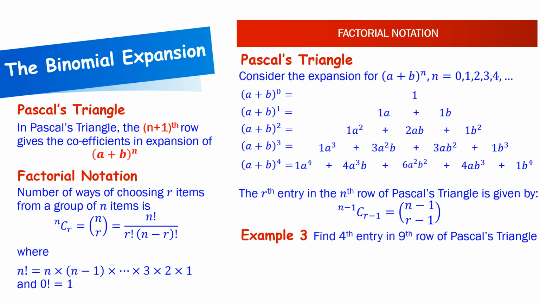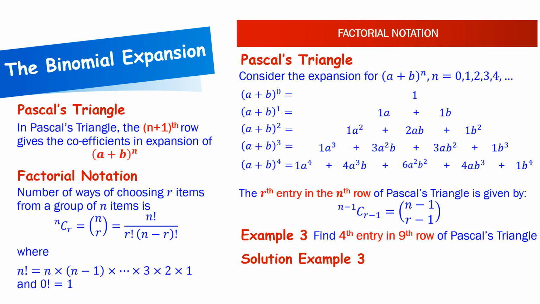Now find the 4th entry in the 9th row of Pascal's triangle. Remember that if we're considering the rth entry in the nth row, then we're looking at n minus 1 choose r minus 1. So in our example, it's 9 minus 1 choose 4 minus 1.